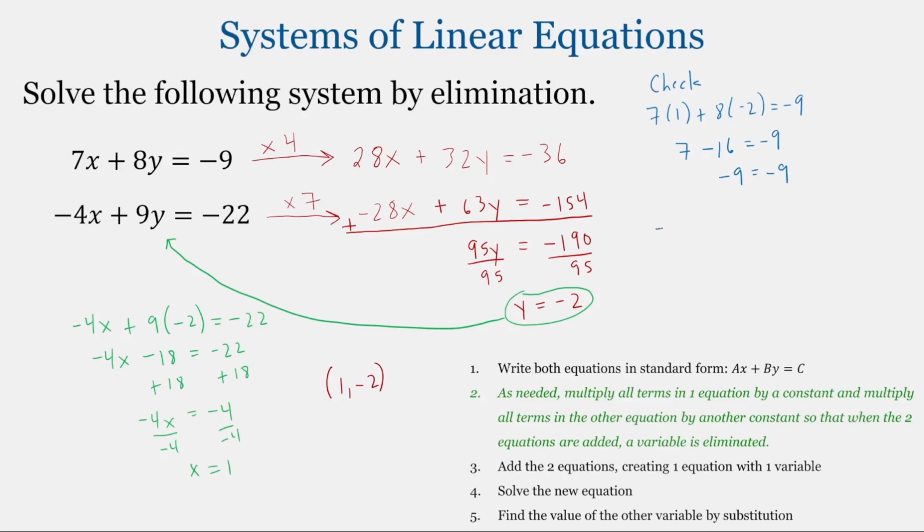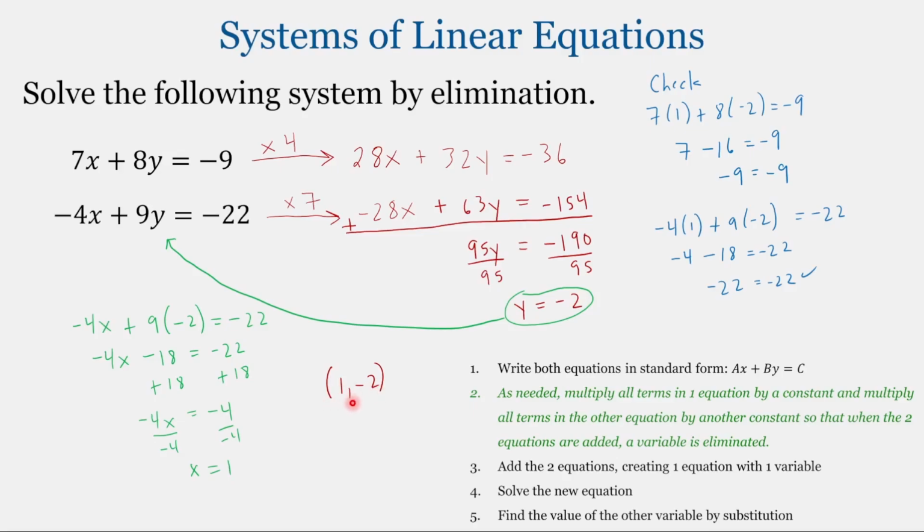And then with the second, we have negative 4 times 1 plus 9 times negative 2 equal to negative 22. Negative 4 minus 18 equal to negative 22. So negative 22 equal to negative 22. Another true statement. Again, the answer is the ordered pair where x is equal to 1 and y is equal to -2.